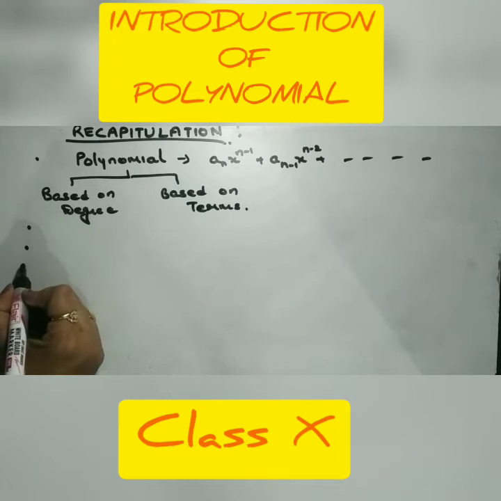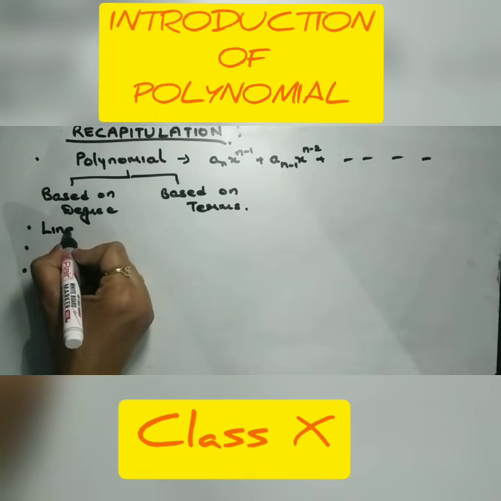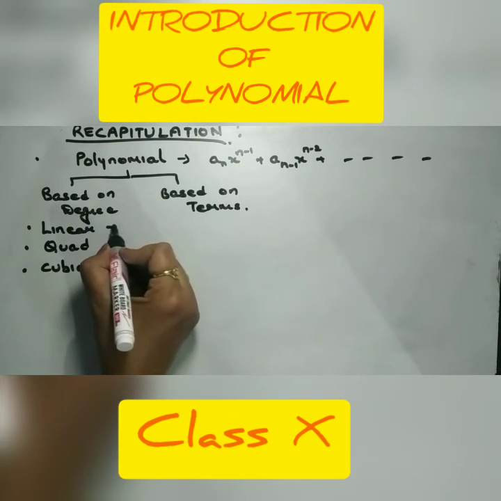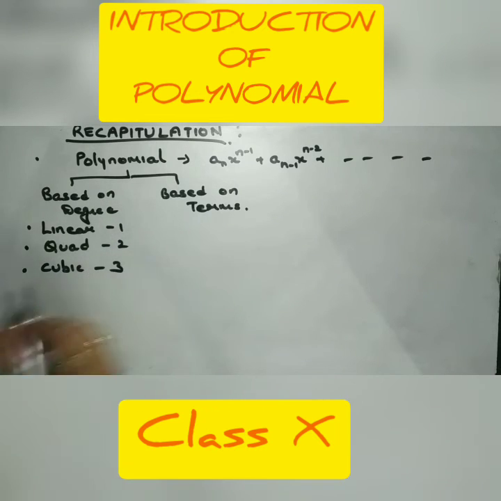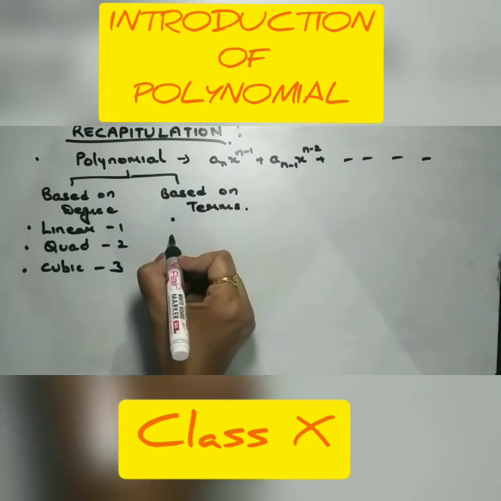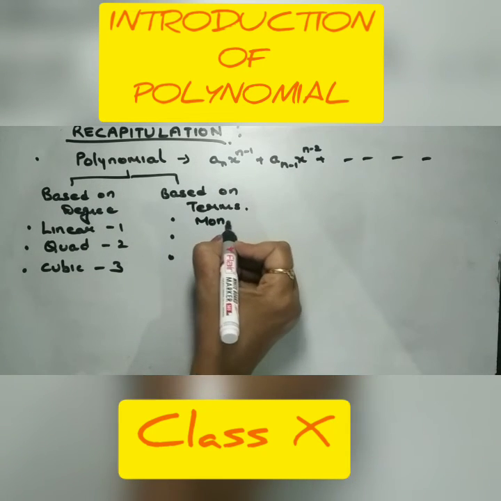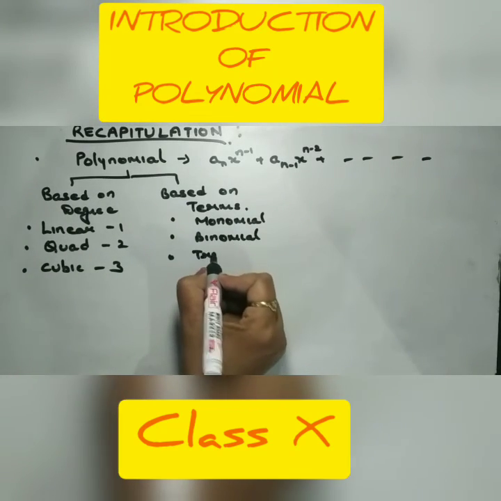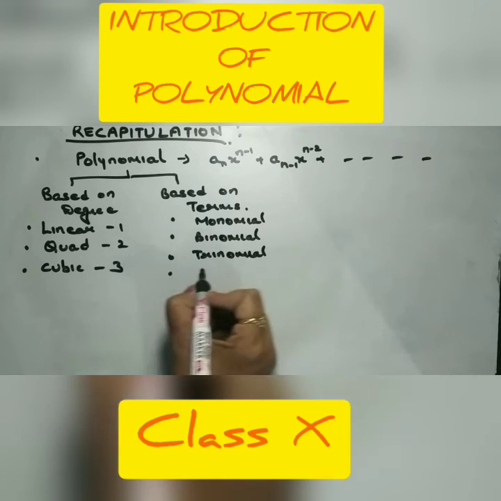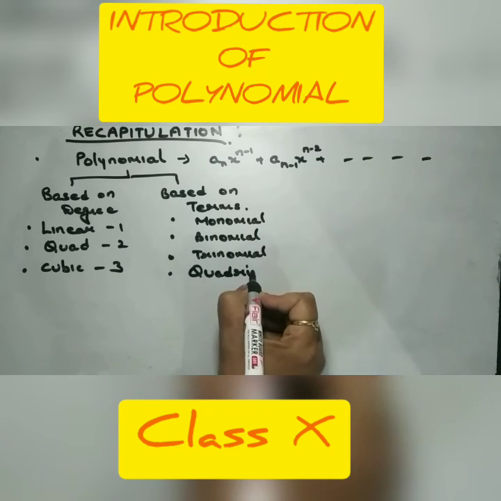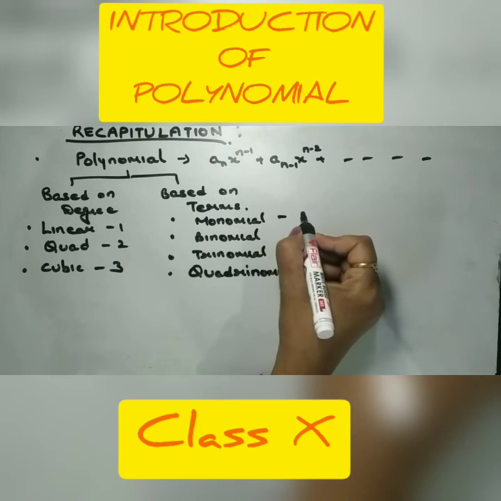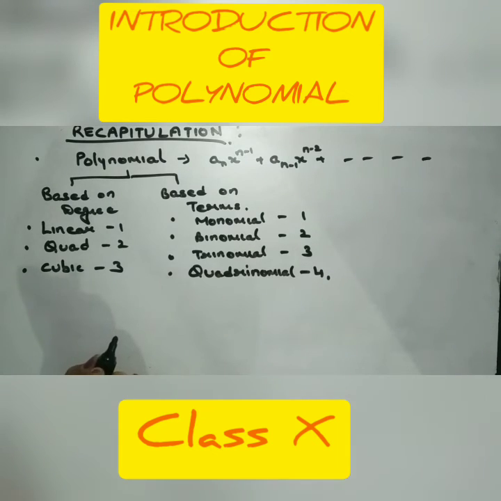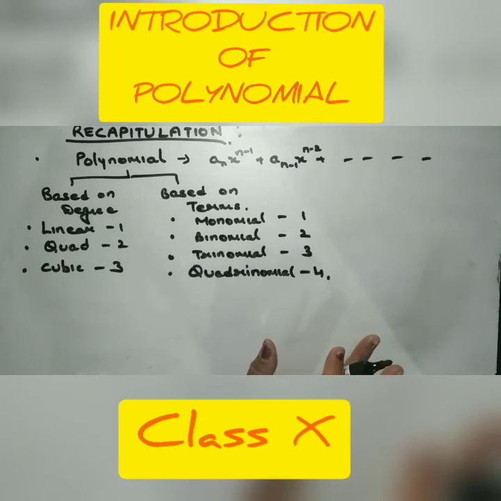Based on degree, we have three types: linear polynomial, quadratic polynomial and cubic polynomial. Linear is of degree 1, quadratic is of degree 2, cubic is of degree 3. Based on terms, we have monomial, binomial, trinomial, quadrinomial. Monomial is of 1 term, binomial of 2 terms, trinomial of 3 terms, quadrinomial of 4 terms. I explained all these with the help of examples.